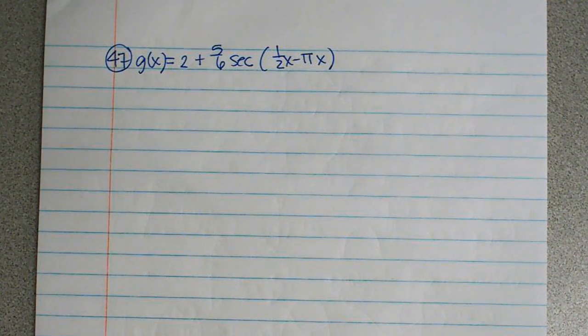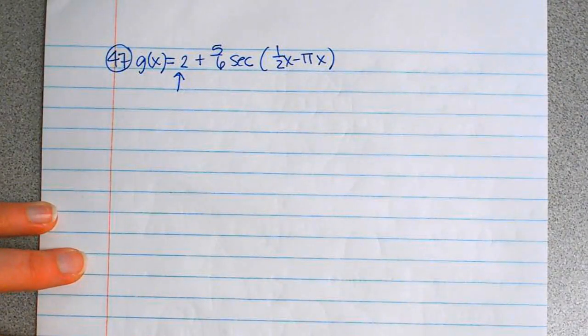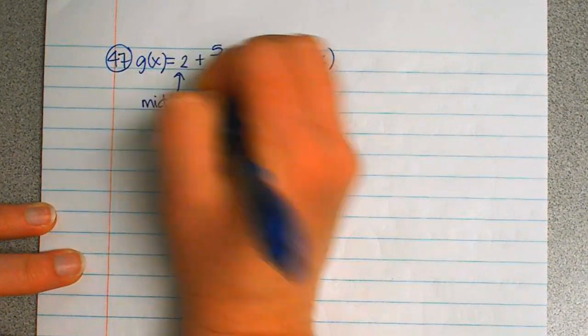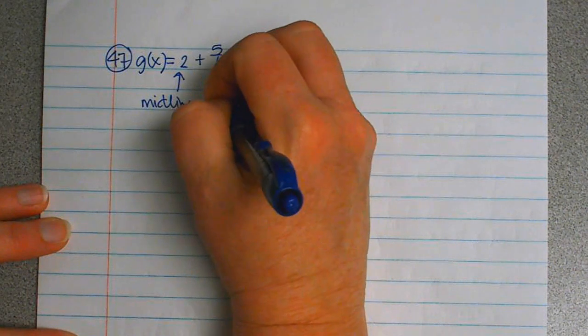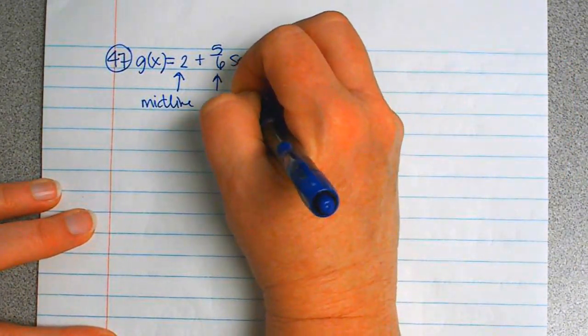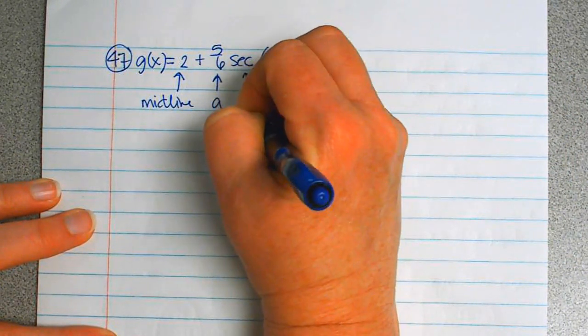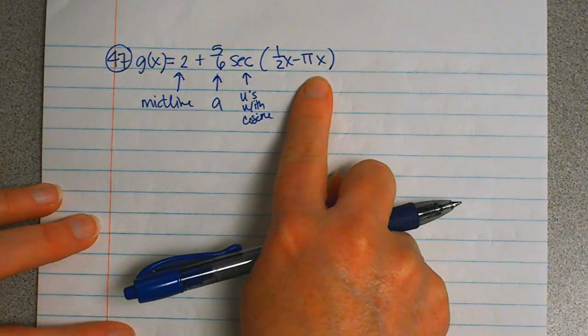So, what does a 2 do? It's the up or down. So no, it's not amplitude, is it? It's the midline. Because I didn't switch the order this time. Maybe it's easier to switch the order. How about 5/6? Amplitude. Okay, secant. These are going to be used with cosine, note to self. Okay, and then this.